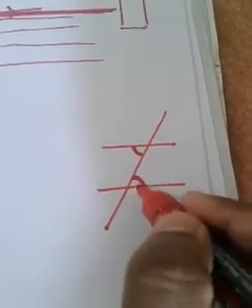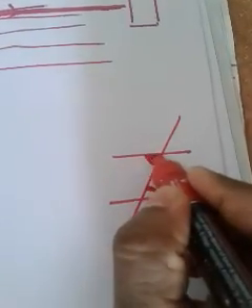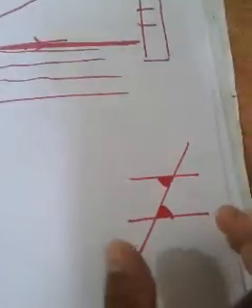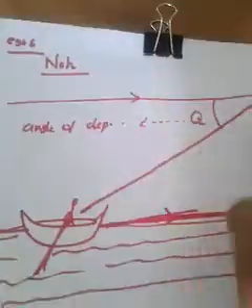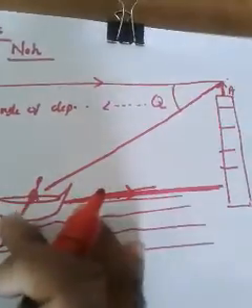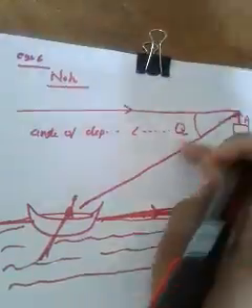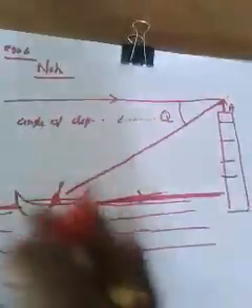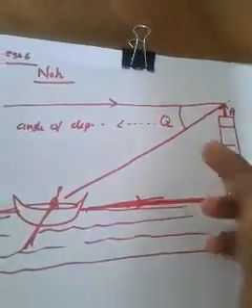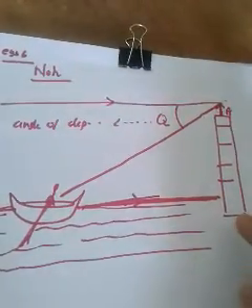There is a specific name for this pair of angles: alternate interior angles. If it is x degrees, the other should also be x degrees. So just apply the same case here. Consider these two lines as parallel. This is a transversal, and we know this is the horizontal level of sight and this is his line of sight.